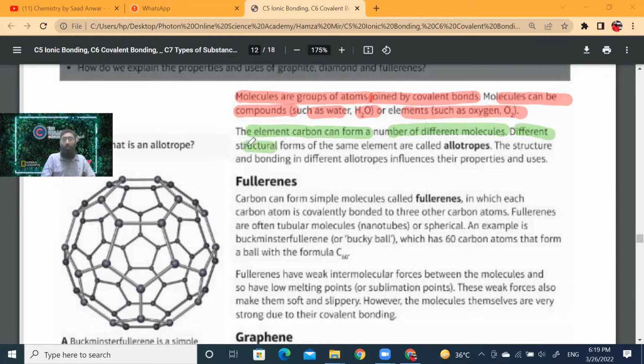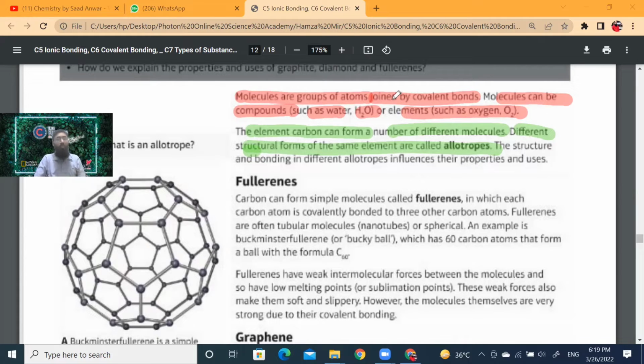Different structural forms of the same element are called allotropes. This is one of the most beautiful and most precise definitions of allotropes.